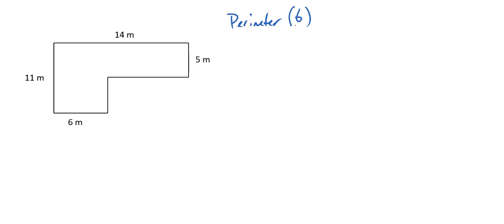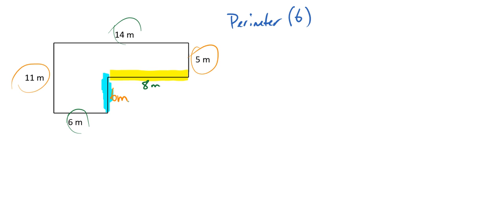What are the extra 2 sides that are missing? One of them is this side here, and one of them is this side here. How do I find them? The yellow side is going to be 14 minus 6, which works out to 8 meters. And the blue side is going to be 11 minus 5, which works out to 6 meters.